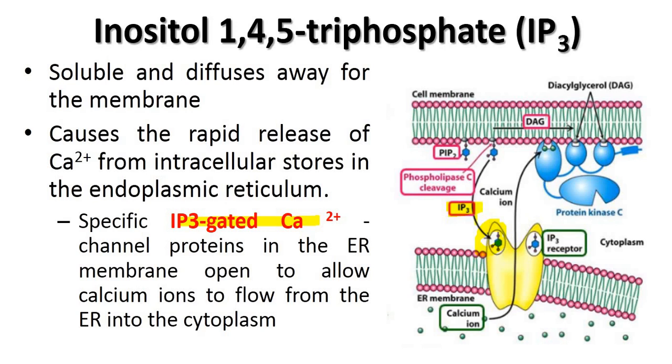Once IP3 binds, the endoplasmic reticulum calcium channel opens, and calcium which is stored in the endoplasmic reticulum will move from the endoplasmic reticulum to the cytosol. So to summarize, inositol 1,4,5 triphosphate helps in mobilization of calcium from the endoplasmic reticulum to the cytosol.